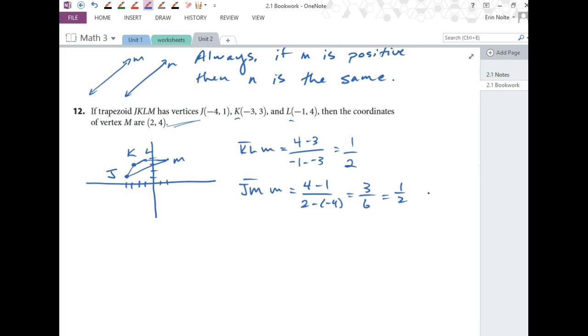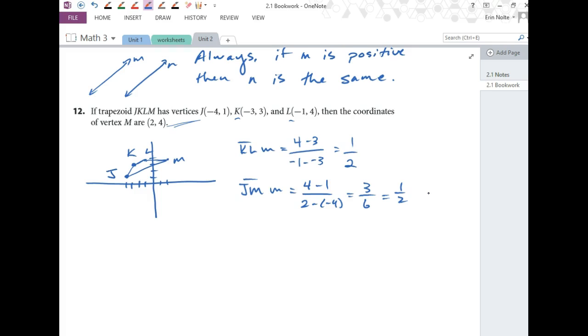Now the question is, could M be anything else to make a trapezoid? Is there any other way you could have a trapezoid? One set of parallel lines. Asia, is there another way? Yeah, there's definitely another way, because we could put M anywhere on that slope line, right?